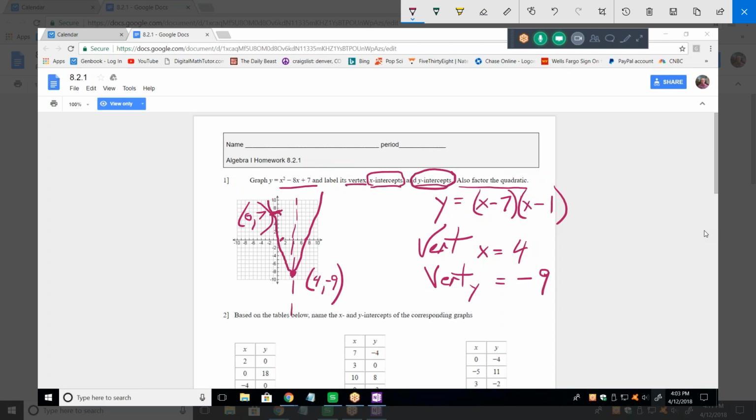One thing I want you to remember is that x-intercepts means y equals 0, y-intercepts means x equals 0. So if I'm trying to figure out the y-intercept, I plug in 0 for x, and that always gets rid of that term and that term every time. The only term that's left is the number. So that number is always the y-intercept.